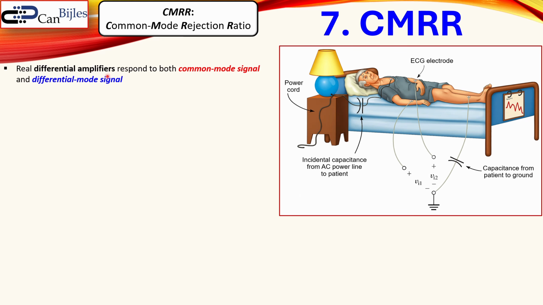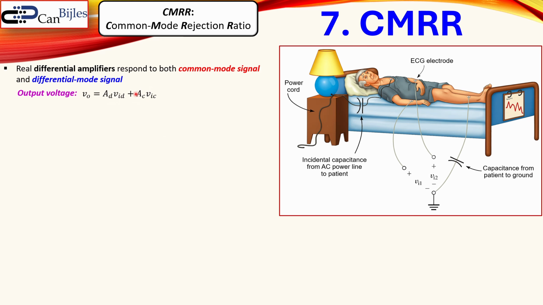Real differential amplifiers respond, of course, to common mode signals and also differential mode signals, not just differential mode, because the differential mode is the information we would like to process, but the common mode is information we get that we do not want to have. Now the output voltage is the summation of the differential mode gain times the differential mode voltage plus the common mode gain times the common mode voltage.